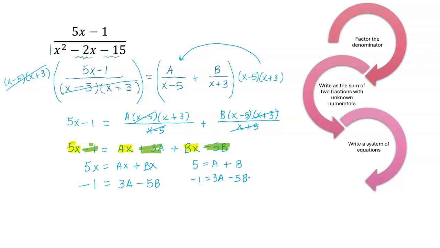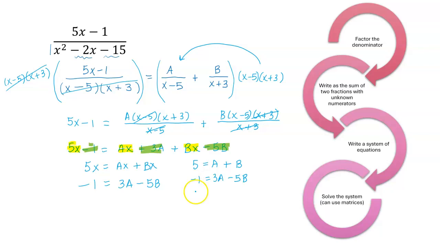It's two different equations, so you could use your calculator and solve this with a matrix. You could also look at this as a system of equations and use your algebraic methods. I'm going to choose to use an algebraic method for this problem. If you choose to grab your calculator, that's okay. But I'm going to choose to use the method of substitution.